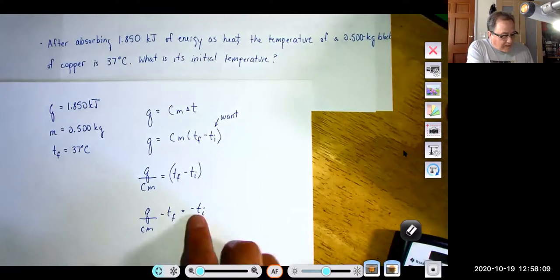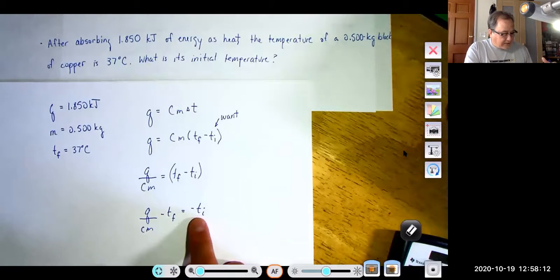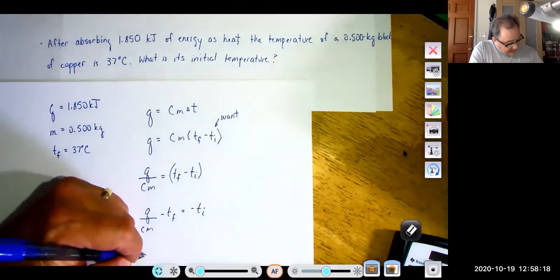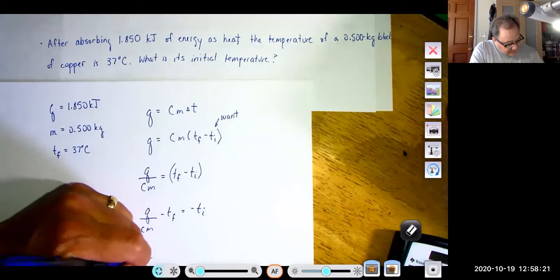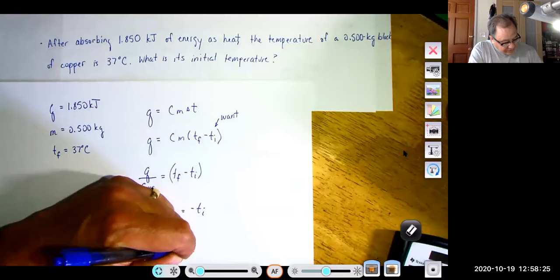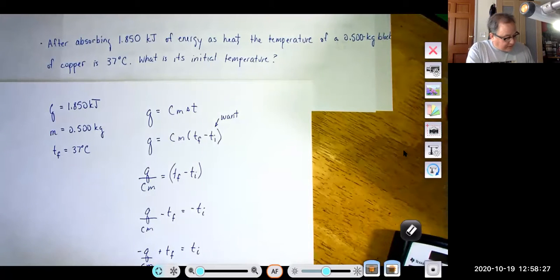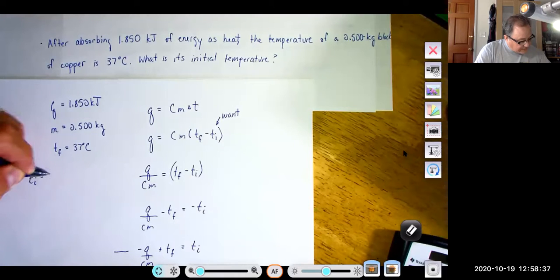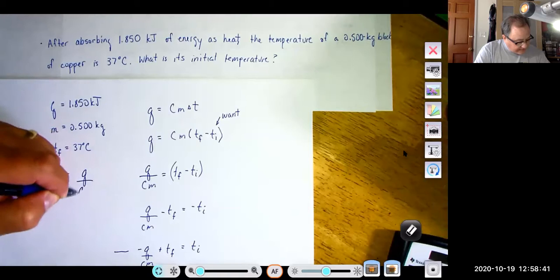Then because I don't want a negative sign here, I'm going to change the sign on everything. So I'm going to have negative Q over C m plus T final is equal to T initial. And because I don't like this negative out in front, I'm going to rewrite this as T initial is equal to T final minus Q over C m.